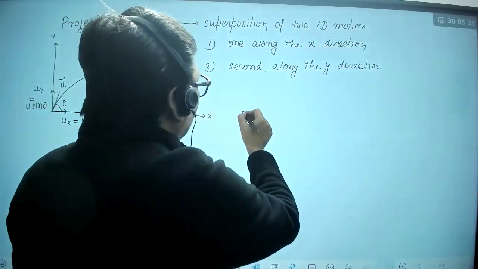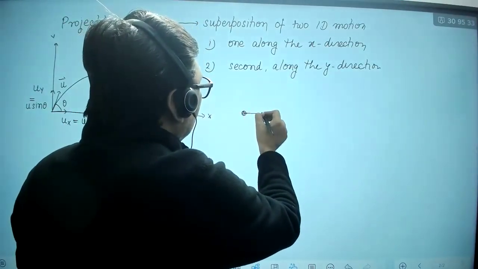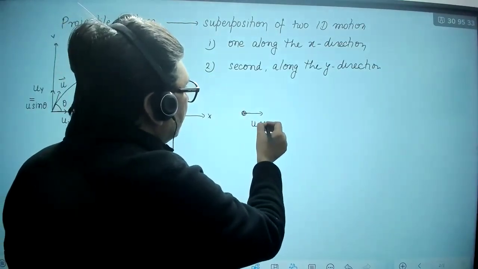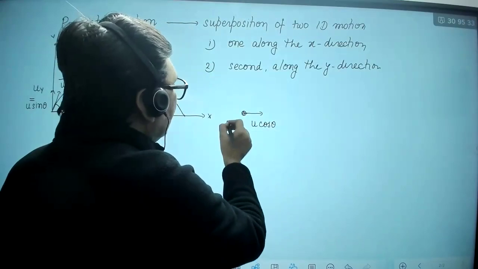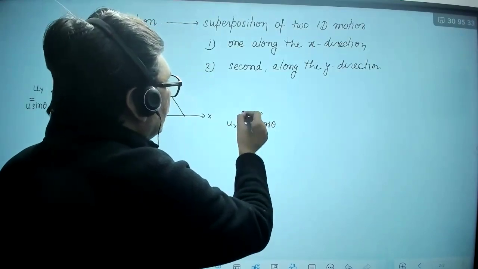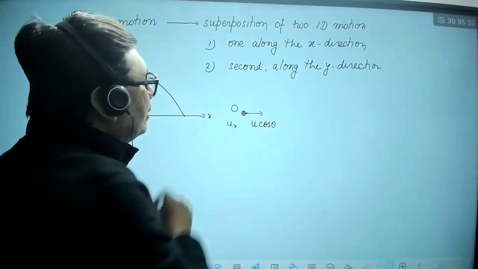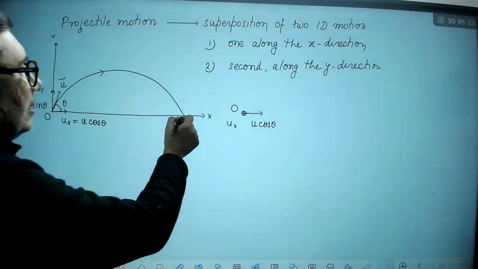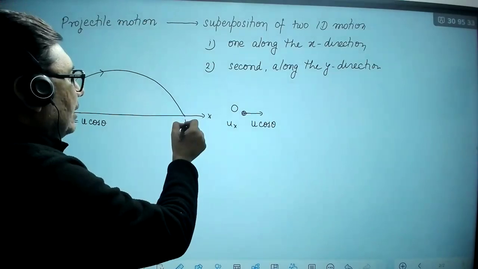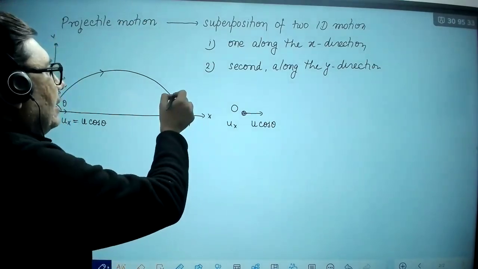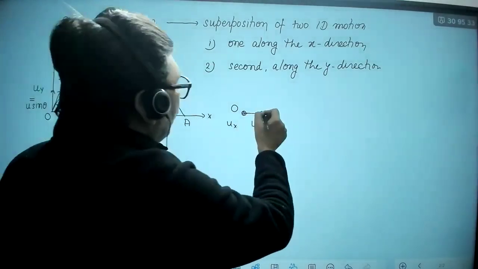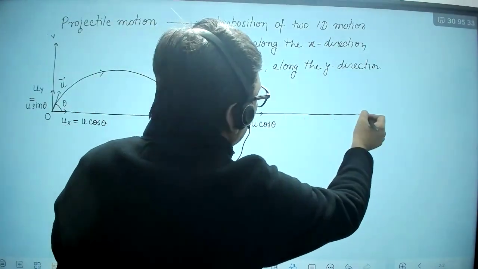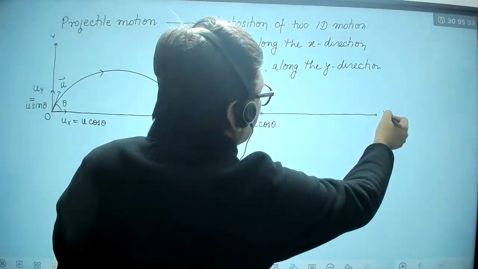A particle is launched moving with u cos theta. This is Ux. This point is O, from where it starts its journey, and I call this A, where it hits the ground again. So from O to A, it will travel a horizontal distance.